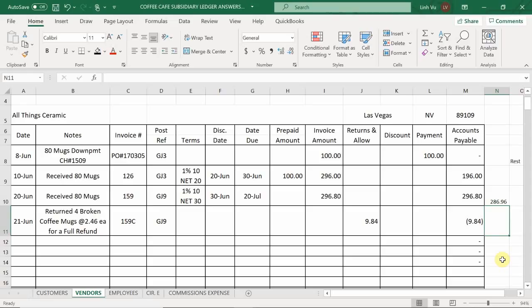In the original invoice it was $246 per cup that I purchased. So what I'm doing is making an association or a linkage between these two transactions because they come from the same invoice.